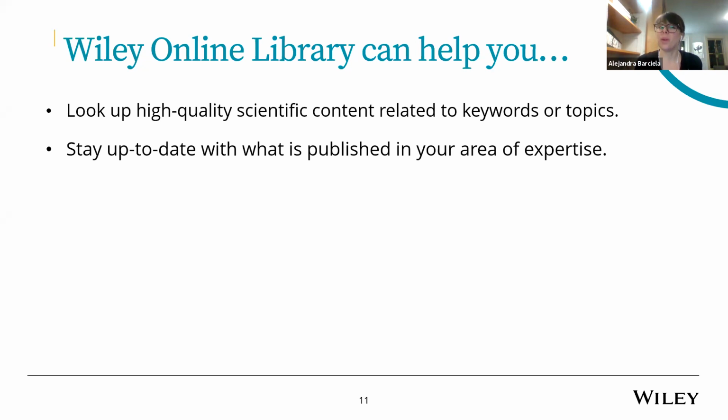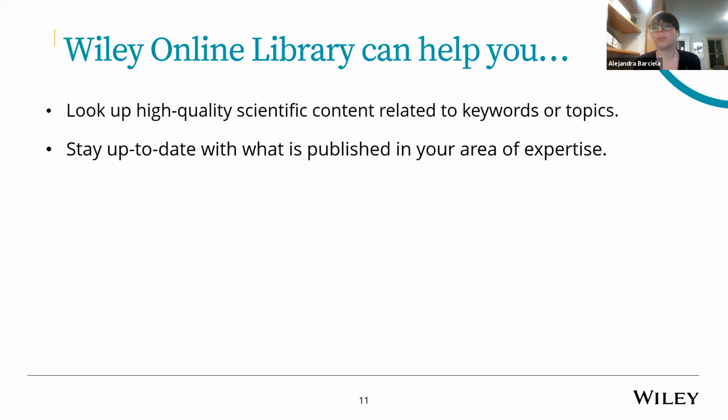Journals are also an excellent way to stay up to date with your discipline. So for instance, if I'm an expert in training or if I'm a student of sociology, I may want to know what's happening in my field, in my discipline, what the challenges are, if there are any new developments or events happening.